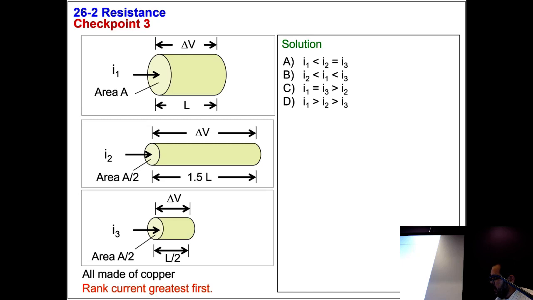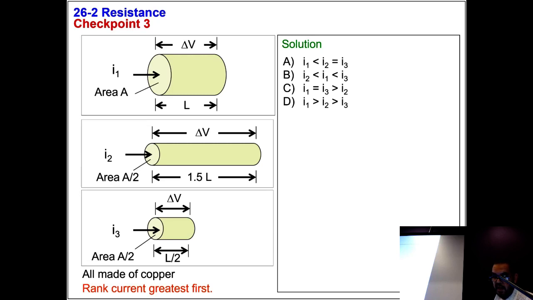One has area A, the second one area A over 2, the third one area A over 2. What also changes is the length. The first one has a length L, the second one has 1.5 L, and the third one has L over 2. We want to determine the order of the currents. Rank the current, greatest first.